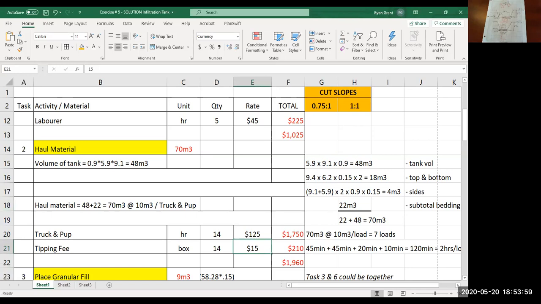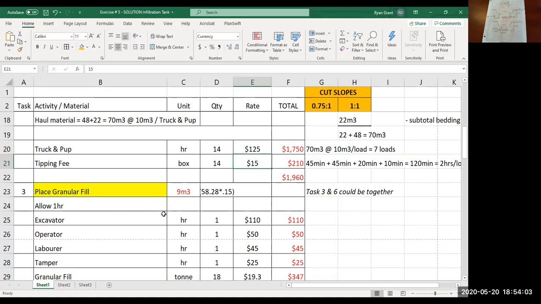No? Okay. Carrying on, my next task was placing the granular fill. Placing the granular fill can be done in one task; you don't have to show it in two. I've got a note here: Task 3 and 6 could be lumped together. I'm showing them separately just to make it perfectly clear that I am placing all the gravel.